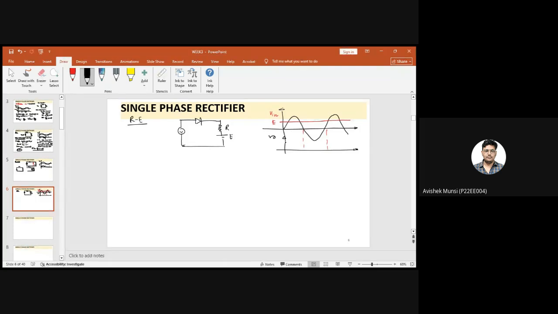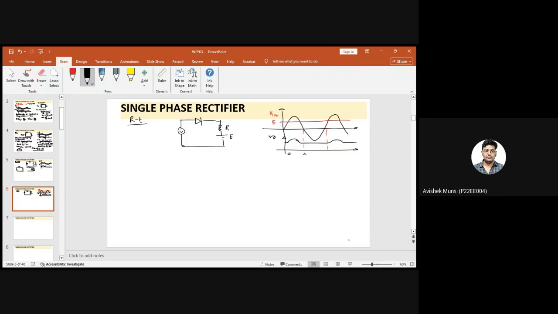After E, the diode will start conducting. And again, in the next half cycle, it will repeat.